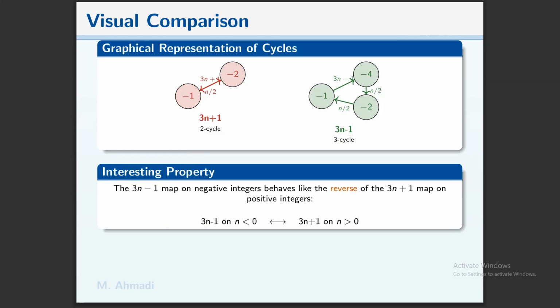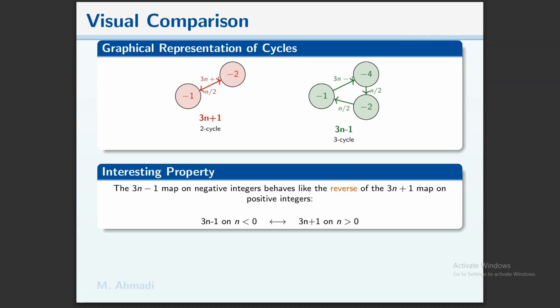And here we have a visual comparison between 3n plus 1 and 3n minus 1. For 3n plus 1, we have a 2 cycle, but for 3n minus 1, we have a 3 cycle: minus 1, minus 2, minus 4. But here 3n plus 1 would have a 2 cycle, minus 1, minus 2.